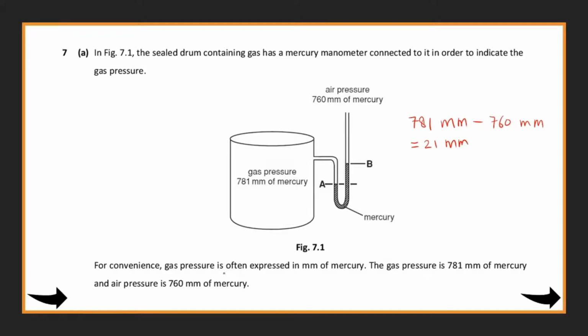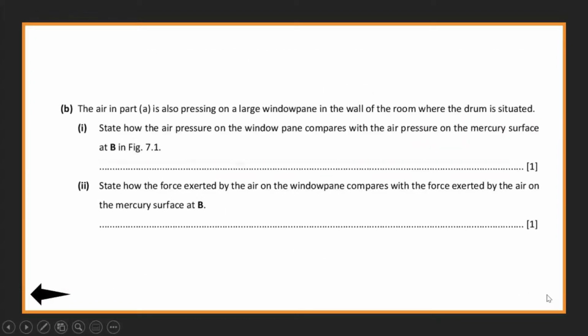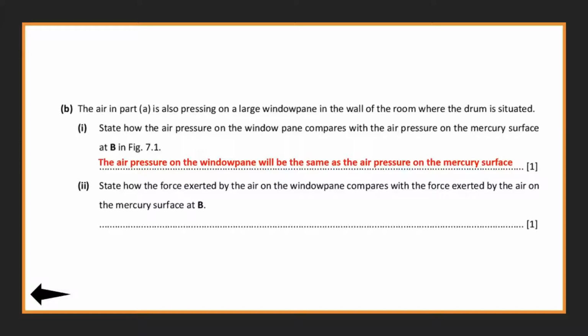So now we can answer question 7BI. The air pressure on the window pane will be the same as the air pressure on the mercury surface at B, of course, because only the mercury surface at B is pressed down by the air pressure, while at A, the mercury level is pressed down by the gas pressure inside the drum.